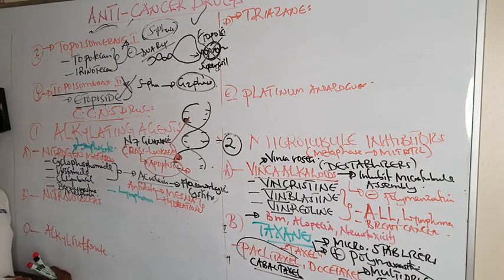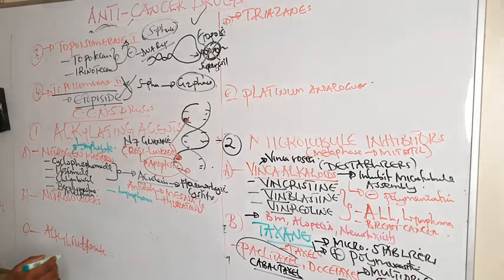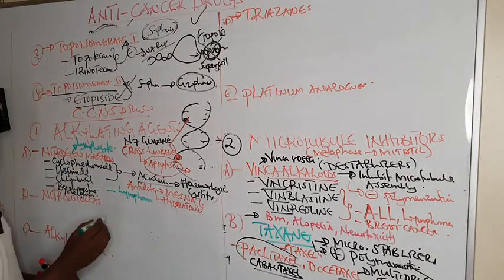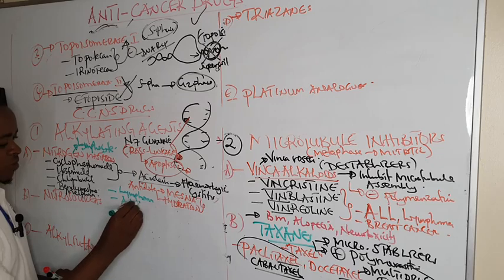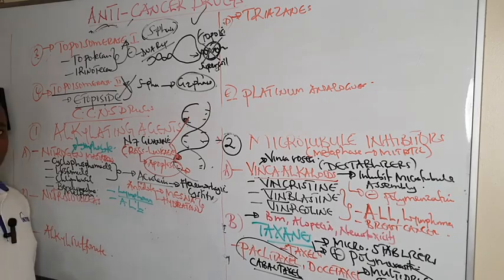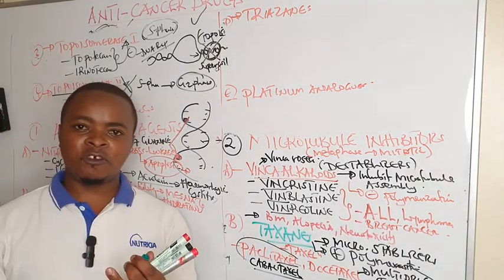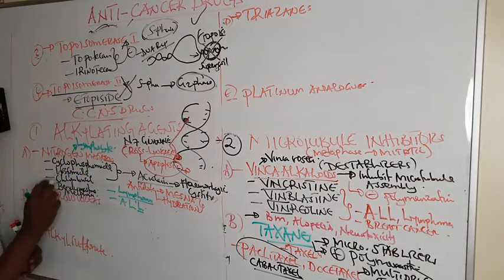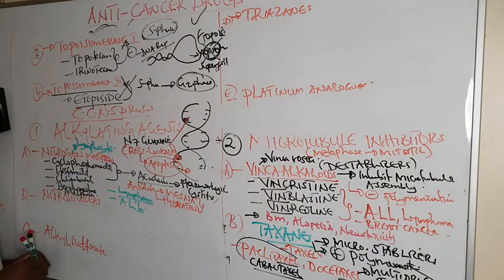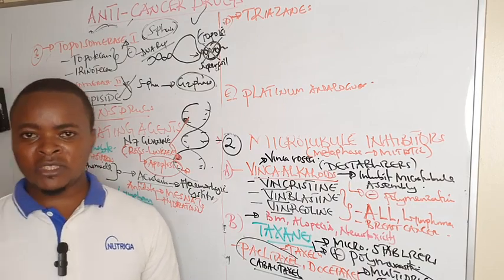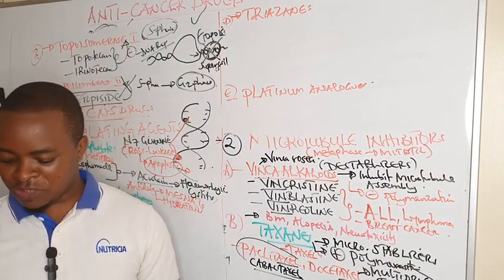It can be Hodgkin's and non-Hodgkin lymphomas, hairy cell lymphomas, Burkitt lymphomas, and acute lymphoblastic leukemias. For all of these we use nitrogen mustards: ifosfamide, cyclophosphamide, chlorambucil, bendamustine, and melphalan. Those are the drugs we can use in the treatment.